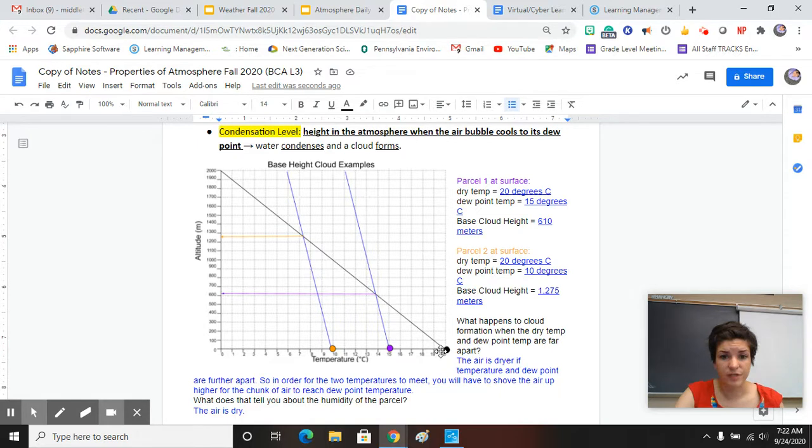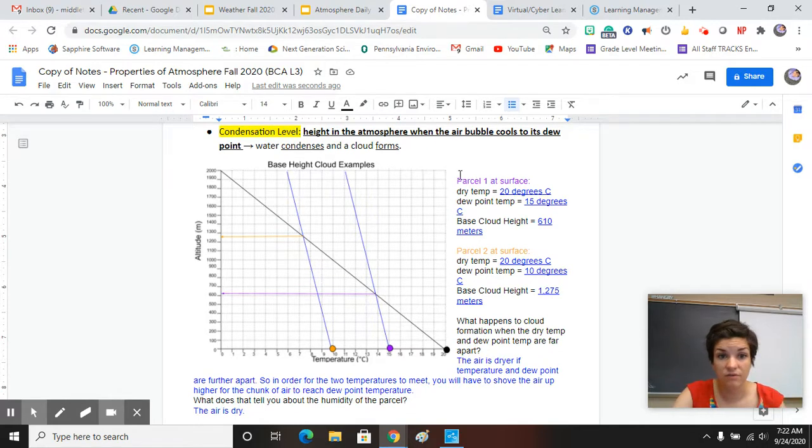For every 100 meters, we subtract 1, right? That's why this line is going, if I go up 100, I'm at 19 degrees. I go up another 100 to 200, I'm down to 18 degrees. That's how we draw that line. Dew point, you go up 500 and you subtract 1. And where they cross, that's where your base cloud height will be.